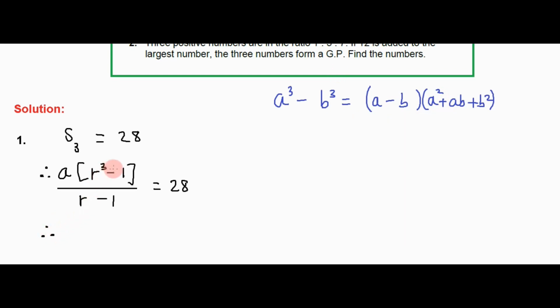So we can apply the difference of cubes to R cubed minus 1. It's going to be R minus 1 into R squared plus R. So R times 1 is R, and then the opposite sign here. And then minus 1 times plus 1 will give minus 1 here. This is all over R minus 1.